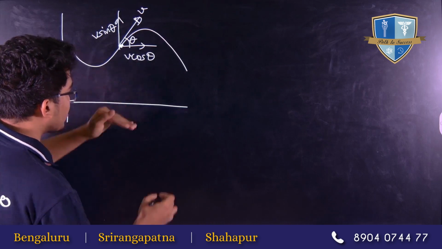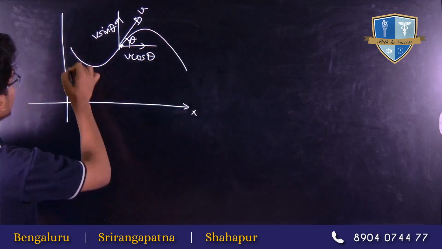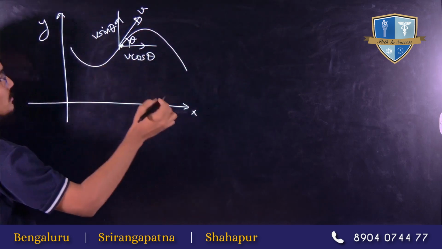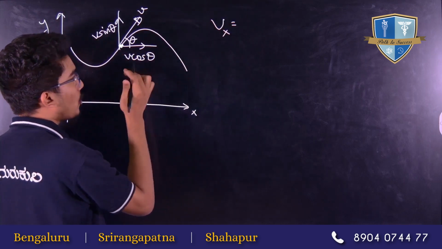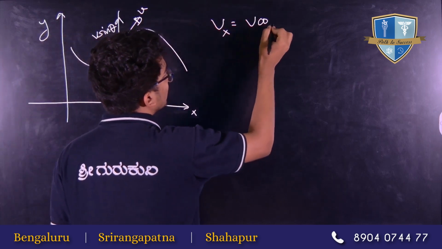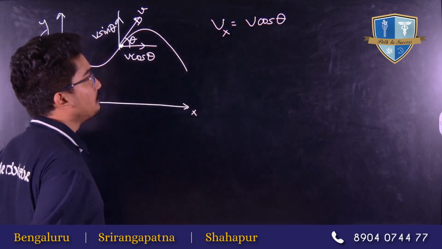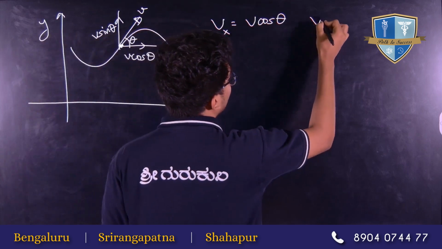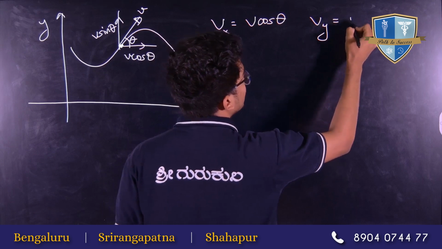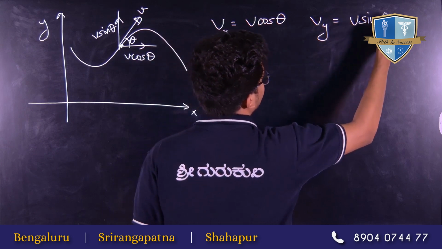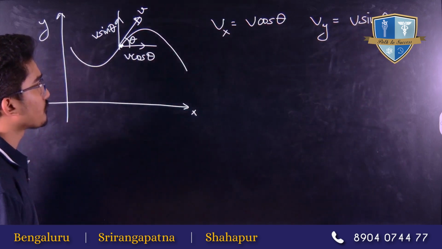This is our x-axis, this is our y-axis. So velocity in the x direction is v cos theta. This is the velocity at any time t, and similarly velocity in the y direction is equal to v sin theta, correct?